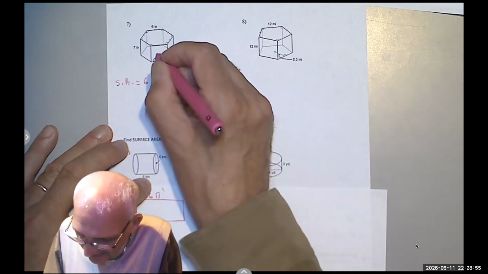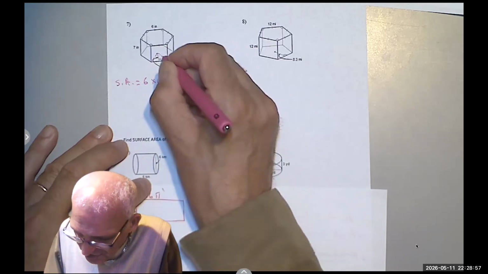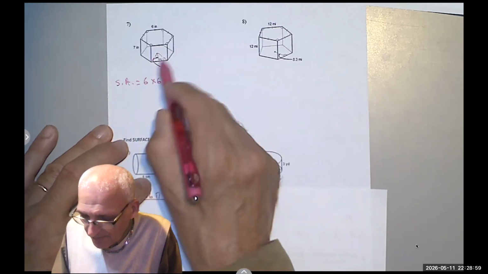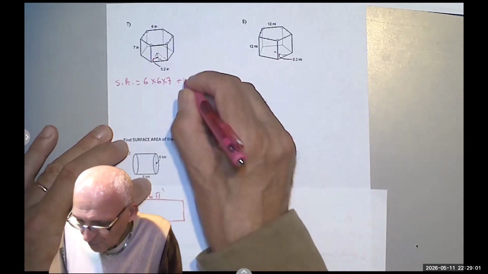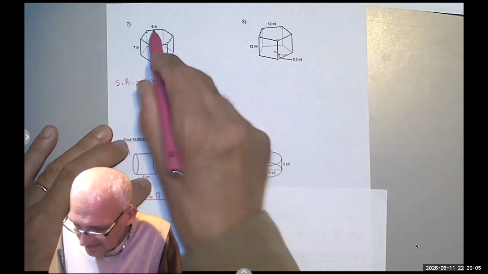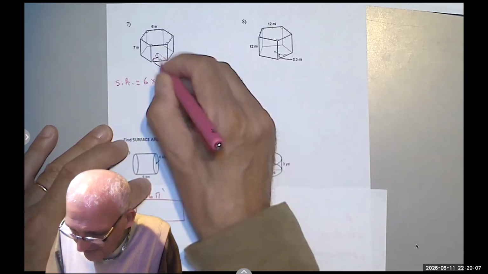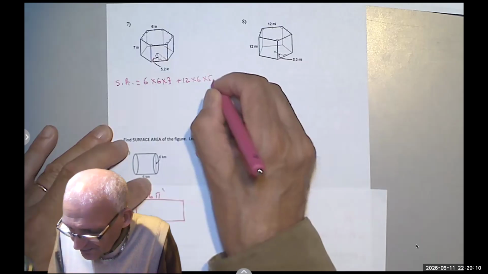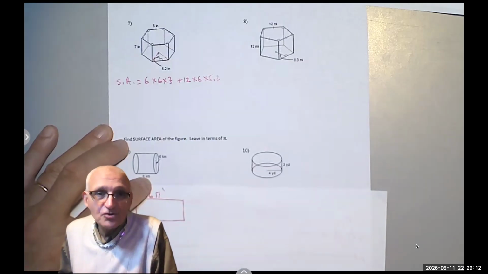And then again, I can construct a triangle, and I have 6 at the bottom and 6 at the top. So they are 12. The base of each one is 6, and the height of each one is 5.2. And that gives me the total surface area.